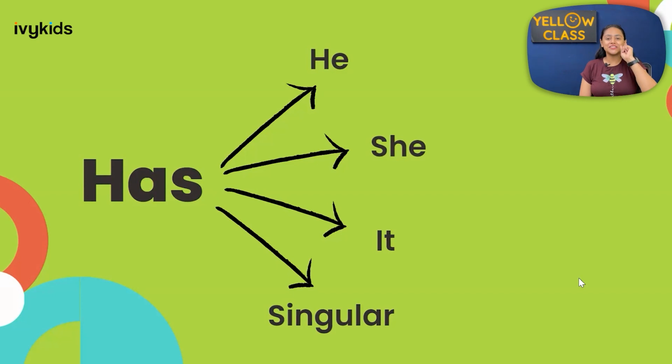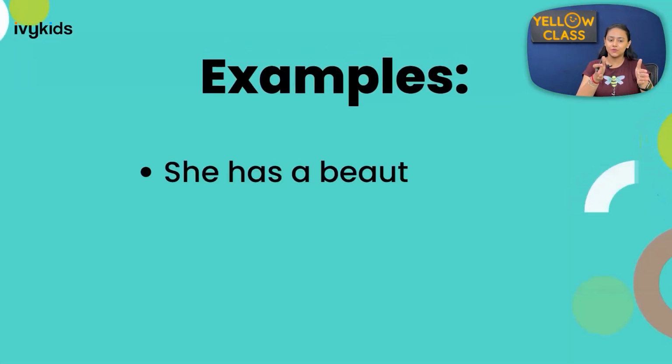With he, she, it or any singular noun, singular thing, singular person or place, with all these subjects of the sentence, we use has. Now you must be wondering, ma'am, what about some examples? So don't worry, we'll have some examples as well.